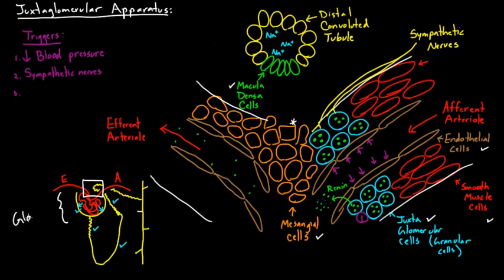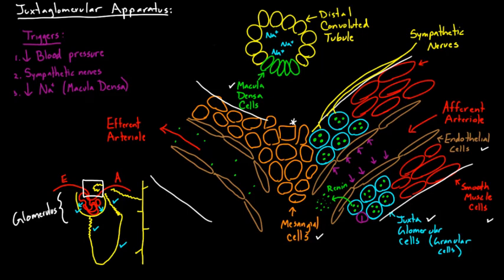If there's low pressure in the glomerulus, they think, okay, well, that's probably the reason our sodium levels are low, and let's send a signal out to the juxtaglomerular cell. So low sodium, picked up by the macula densa rather, means that the filtration pressure in the glomerulus was too low.